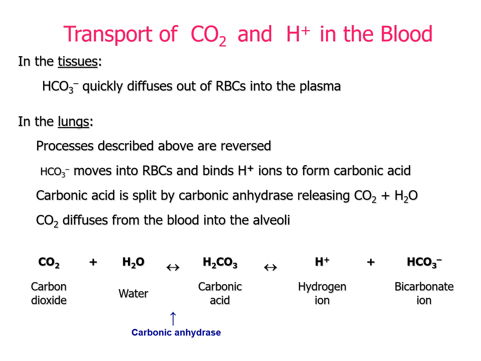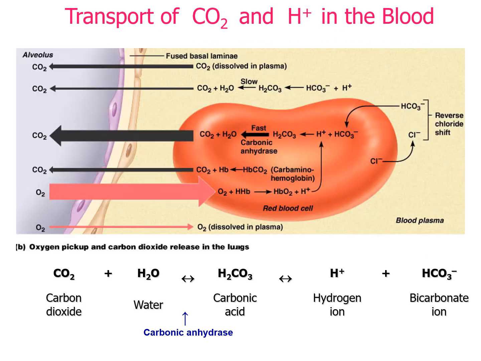And then the blood moves up to the lungs, and the whole process goes in reverse. And so you get the reverse flow of the reaction. Don't forget that in the lungs, they're blowing off the CO2 as you breathe, as you expire, so the reaction does tend to go in this direction.